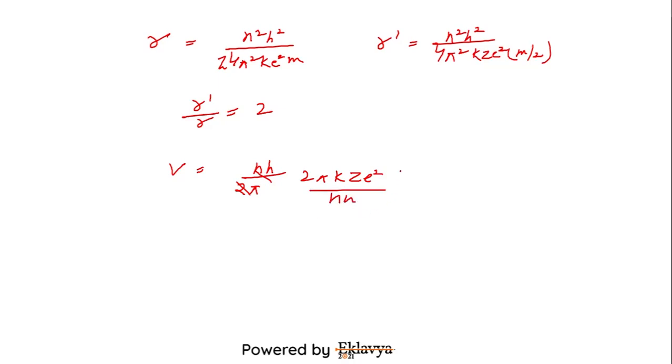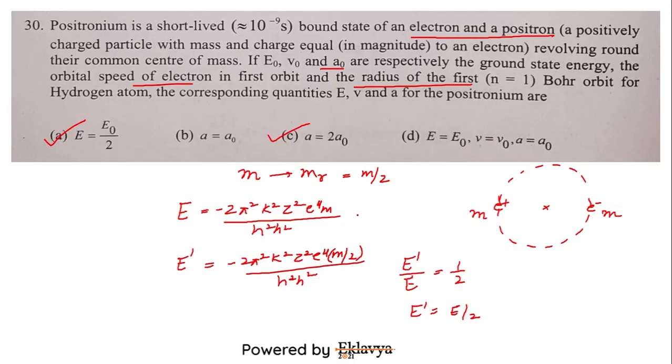That's the expression for speed. So it is independent of mass. So in this case it will remain the same. So there is no more option to be selected, because though this part is correct, this is wrong, therefore we'll have to discard option D and option B. So only A and C will be correct here.